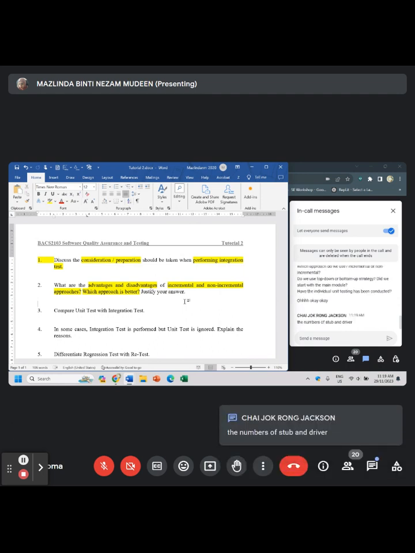Yes, the first one is the number of stop and driver. I think I have just mentioned how each of these approaches will use the stop and driver. So the incremental approach, does it have the advantage or disadvantage?